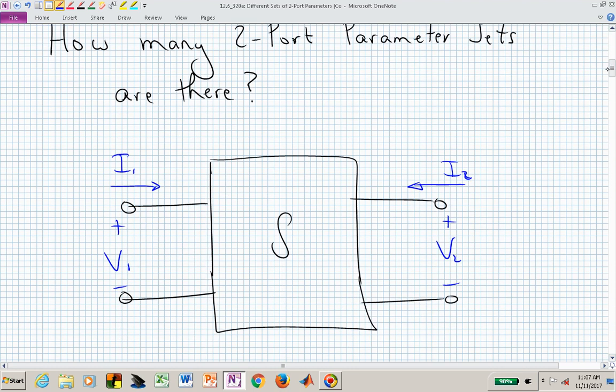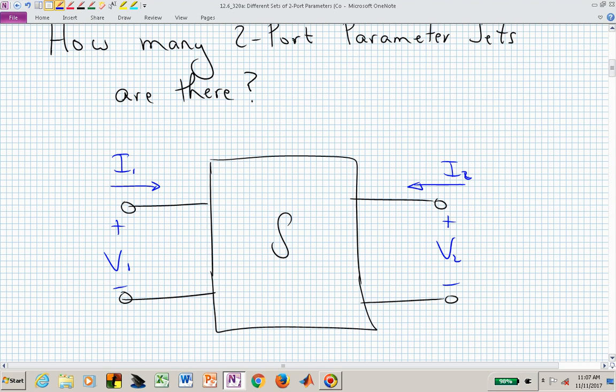Here's our definition or diagram illustrating a two-port. We have one port on the left. We might call that the input port, or port 1, and we have a port on the right. And remember, we have these different restrictions.